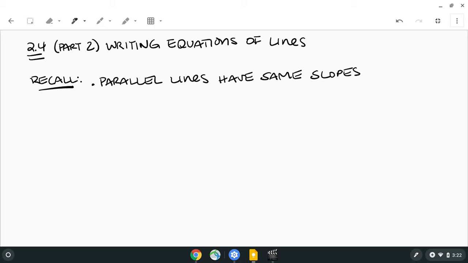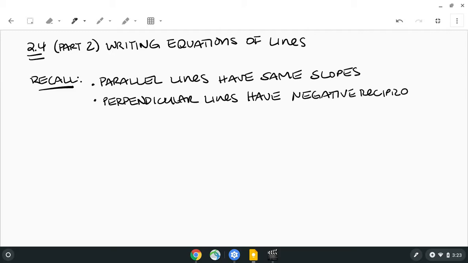And we said perpendicular lines have negative reciprocal slopes. Okay, so remember, negative reciprocal slopes.